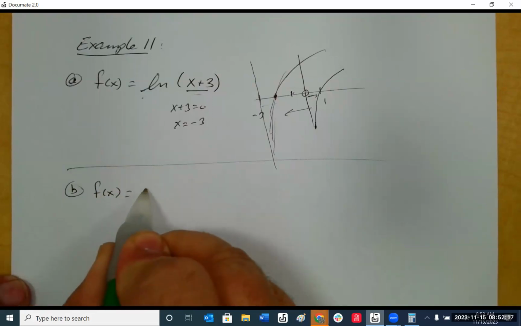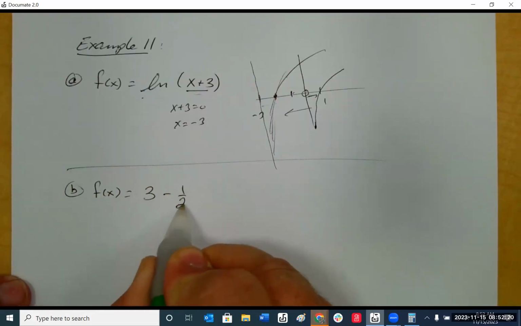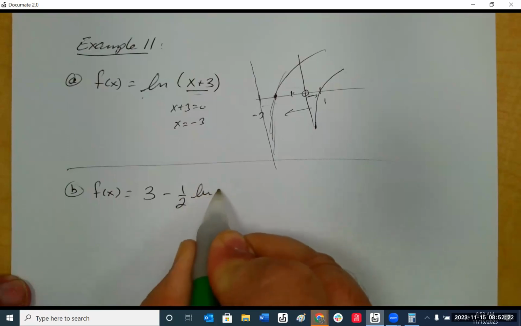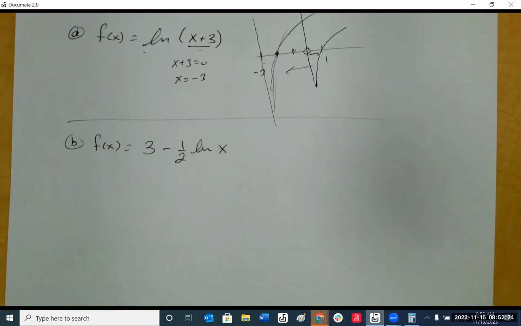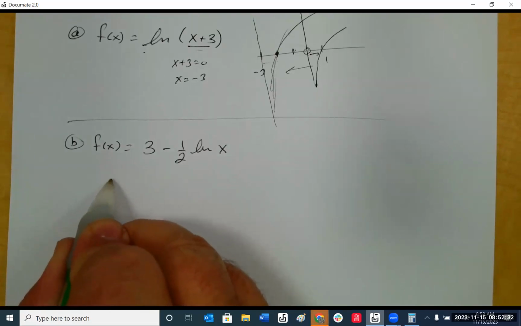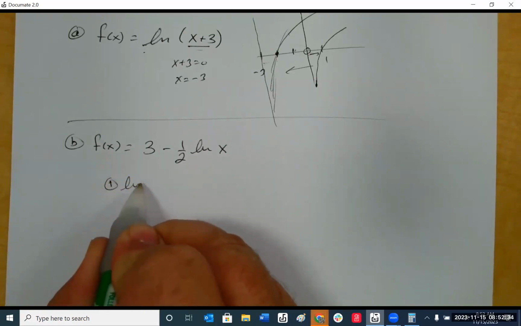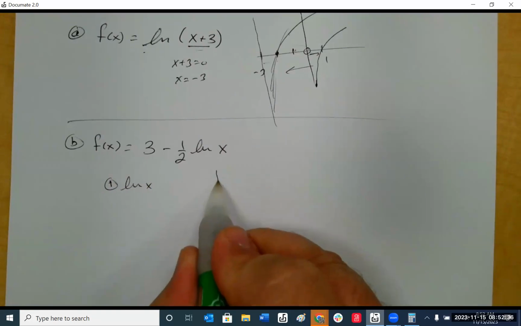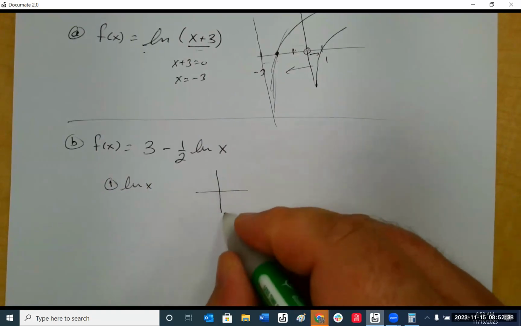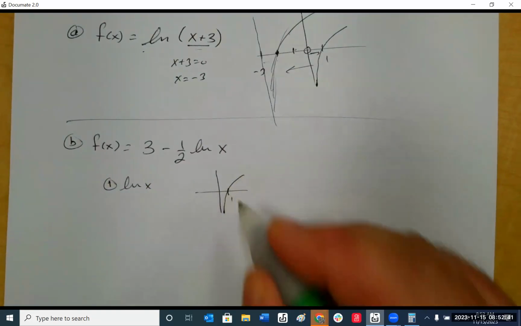F of x equals 3 minus 1/2 ln x. So let's do this one in pieces. The original graph is ln x. Looks like that.